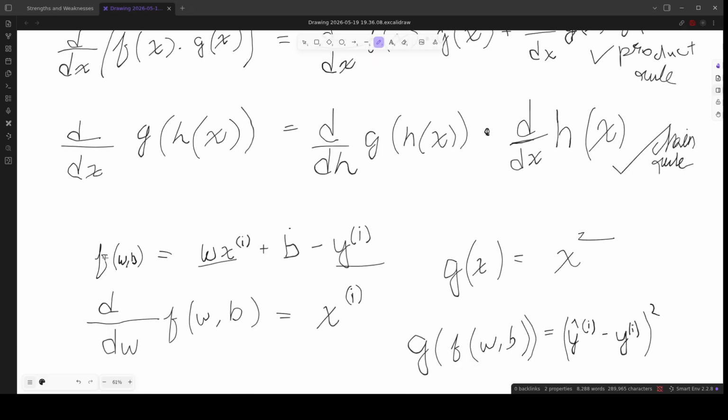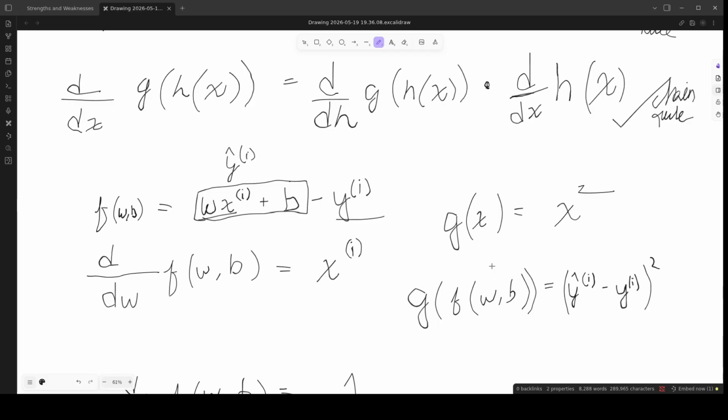So first, let's define f of wb is equal to w xi plus b minus yi. So this term right here is y hat i. So it becomes y hat i minus yi.